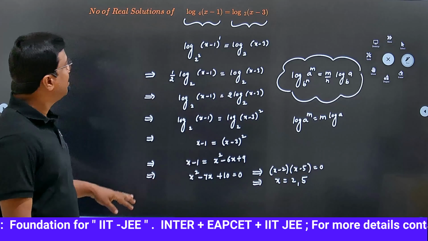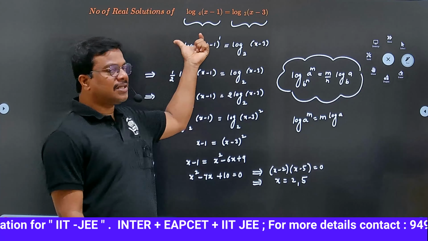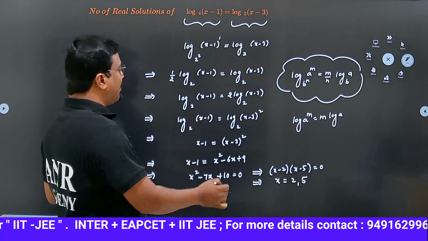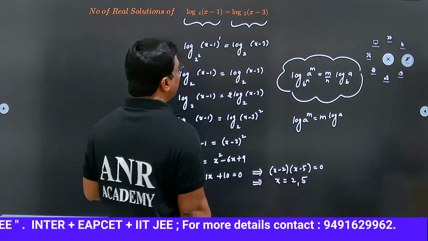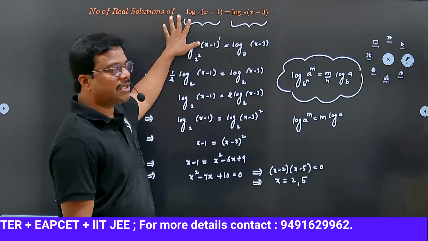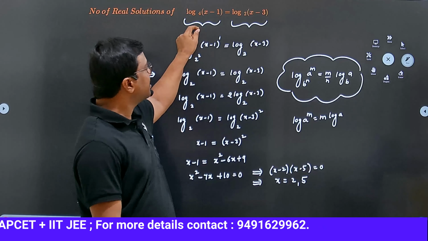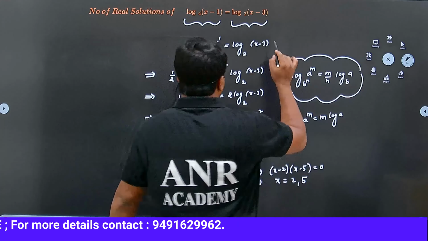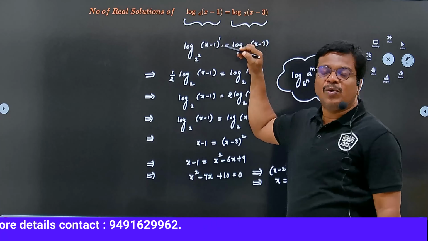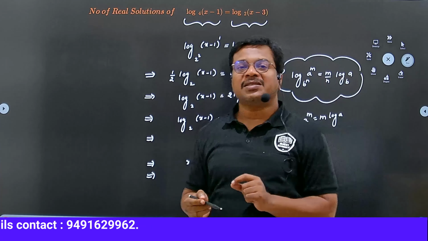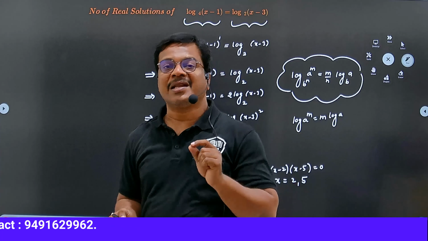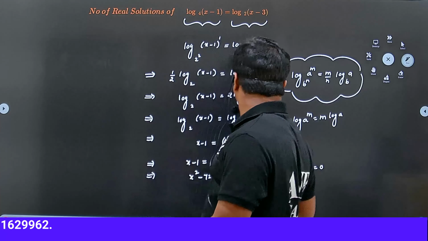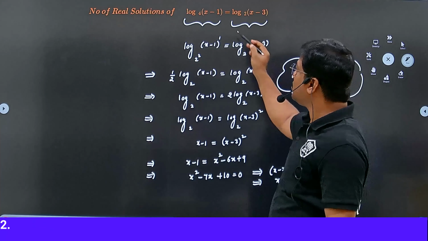But here you have to observe the definition. After getting the values of x, once again you have to cross check whether they satisfy the logarithmic function or not. Why? Because a logarithmic function is defined only when the input is a positive real number. If you write x value 2, what happens?